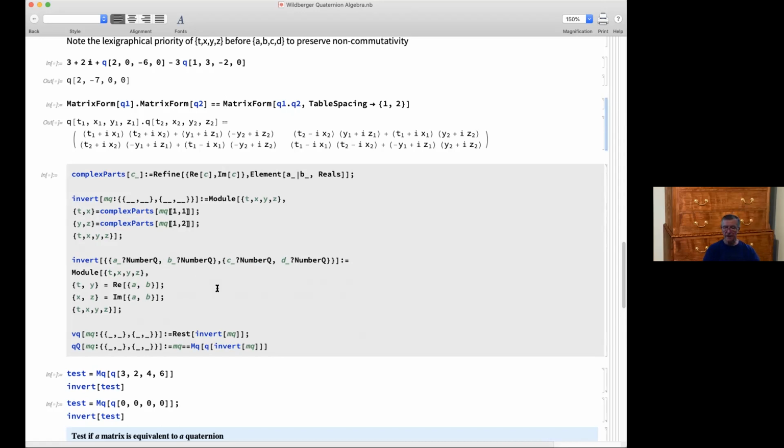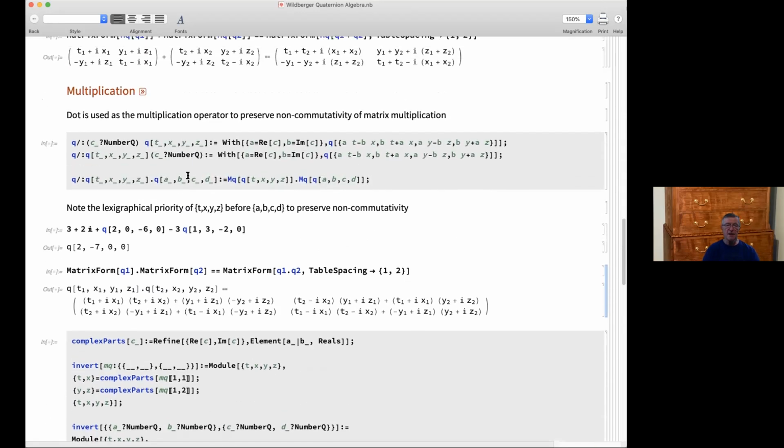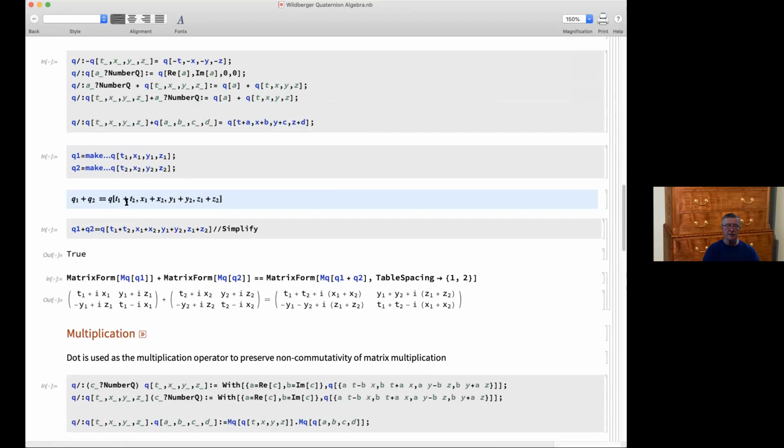Now it's easy to find the inversion because if we look at the matrix representation of a quaternion, the format is always the same: T plus IX in the first element, T minus IX in the opposite diagonal, and then you see the Y plus IZ and the minus Y plus IZ. So this form is always the same for a quaternion.